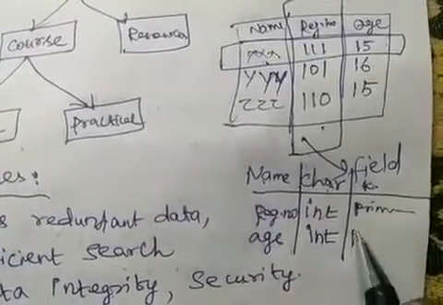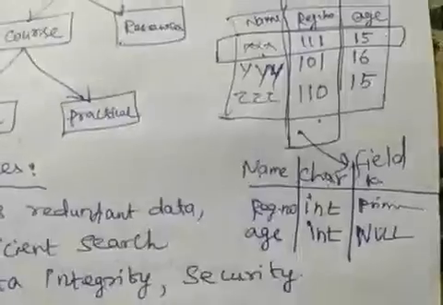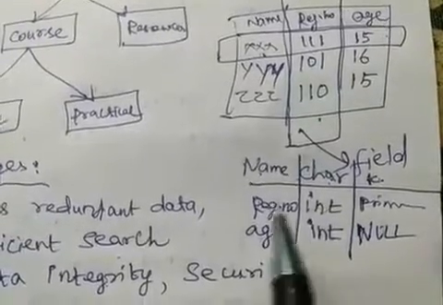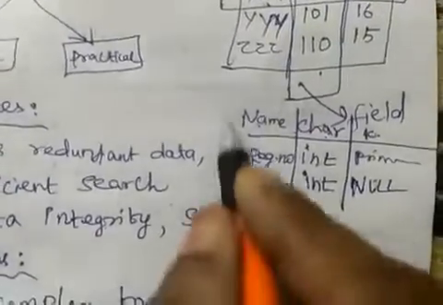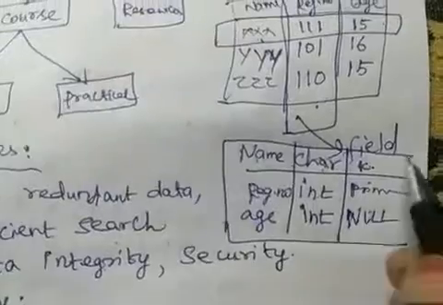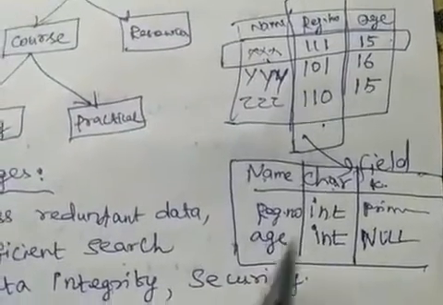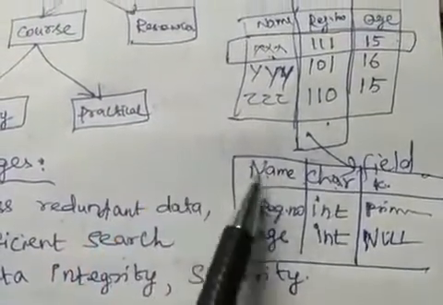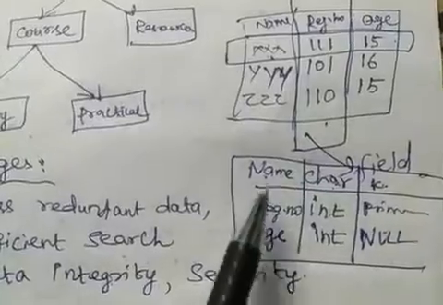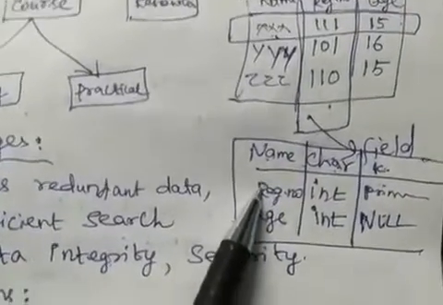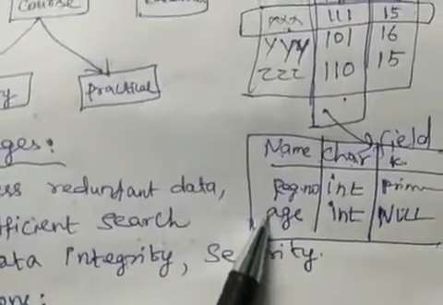It is a primary key or null, which specifies there is no key. So this defines the structure of the database or the table. What is the structure of the table? It contains 3 columns: the first column is name, the second column is register number, and the third column is age.